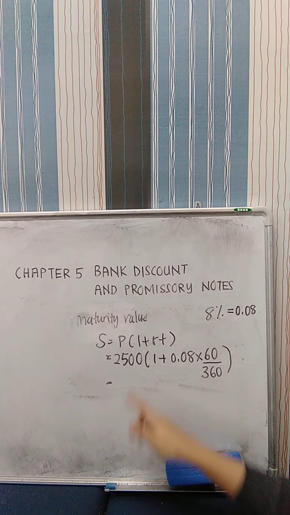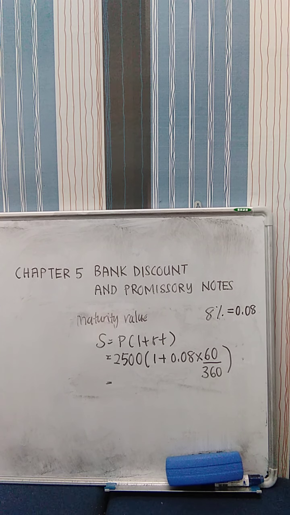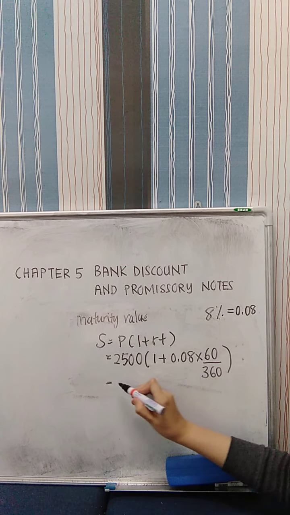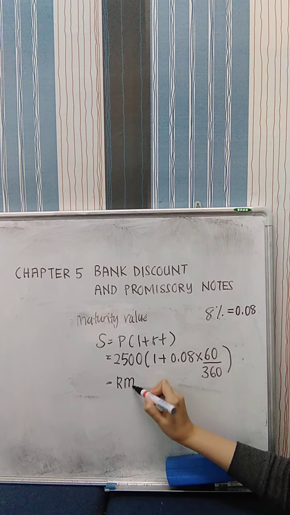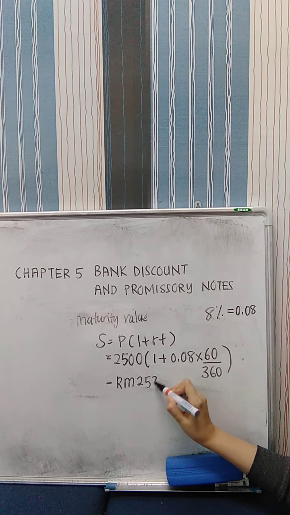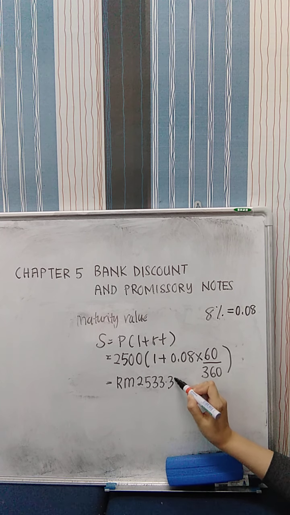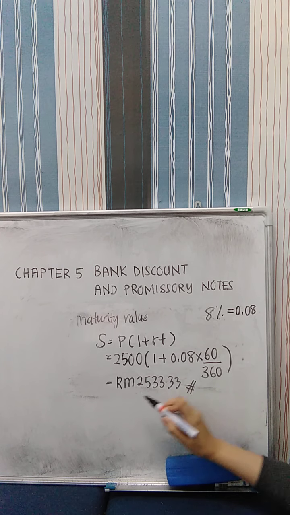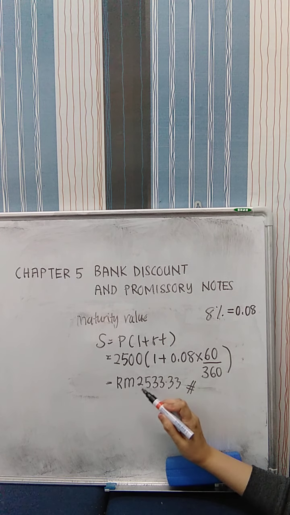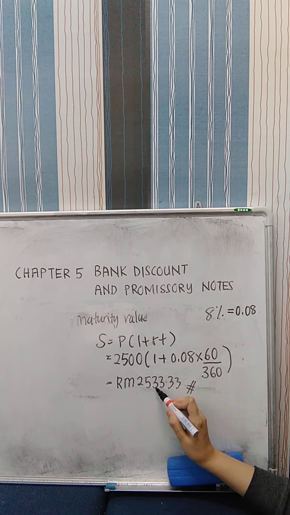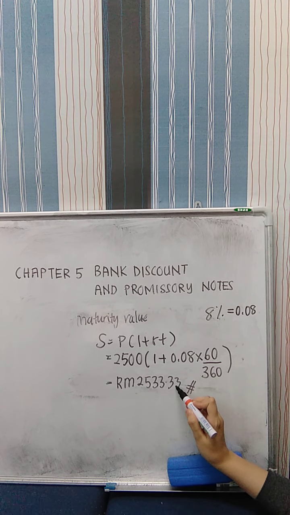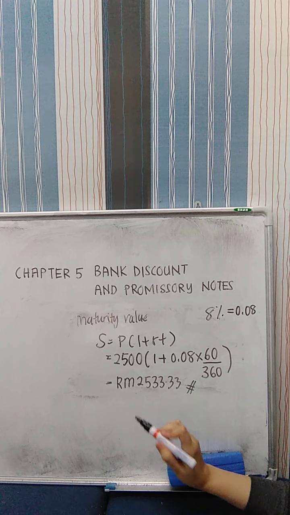You multiply by the P, which is 2500. So the final answer is RM2533.33. This is the amount that Sally needs to pay to Maya after 60 days. 2533.33 is the maturity value.